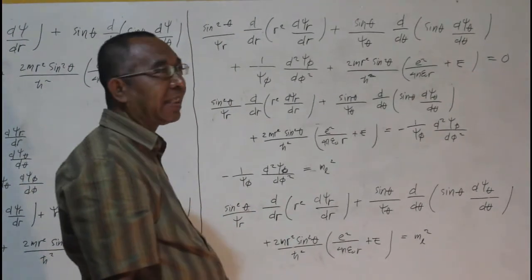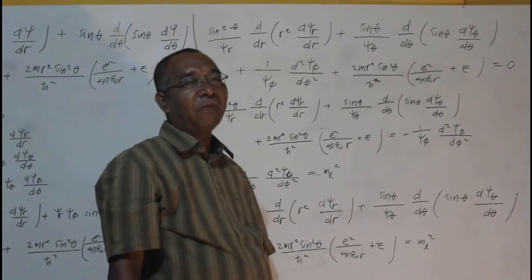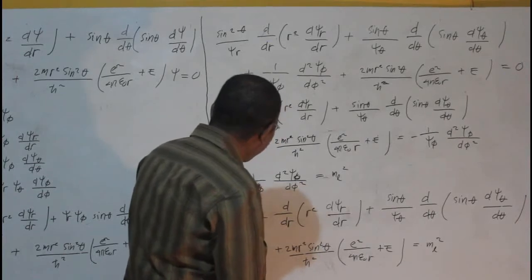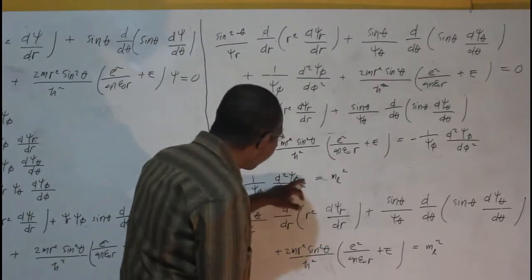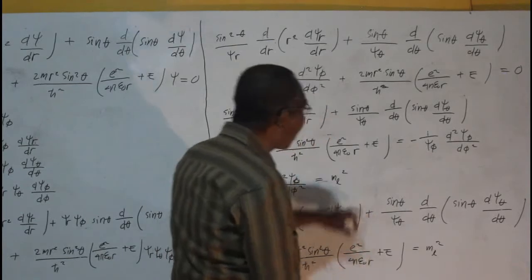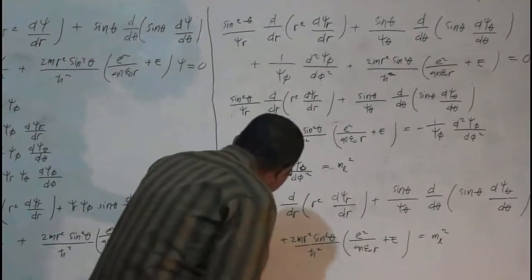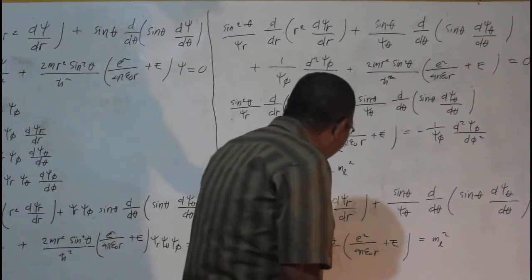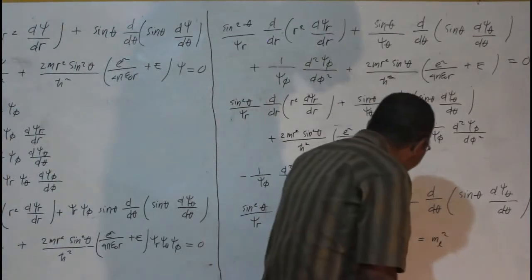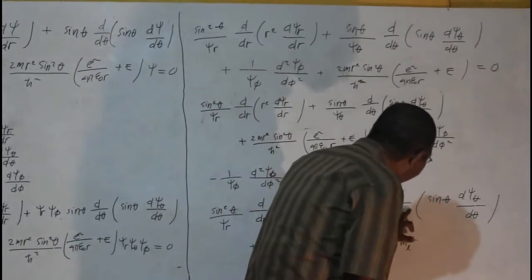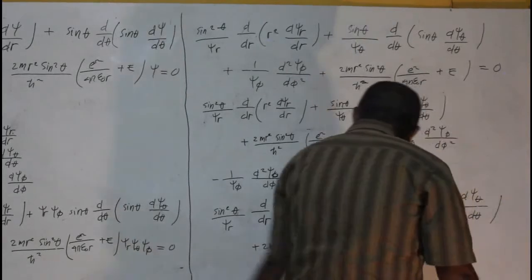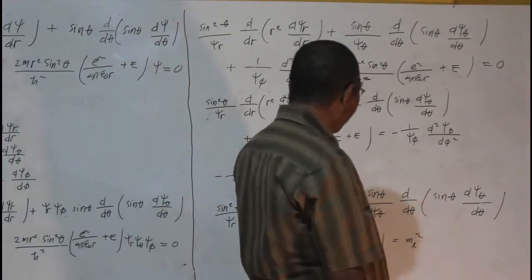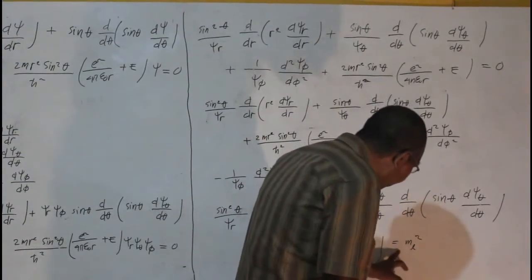For simplification, we can say that constant is ml² for a reason we will understand later. Thus we write minus 1 over ψφ times d²ψφ/dφ² equals ml², and sin²θ over ψr times d/dr of r² dψr/dr plus sinθ over ψθ times d/dθ of sinθ dψθ/dθ plus 2mr² sin²θ over ħ² times (e²/4πε₀r + E) equals ml².